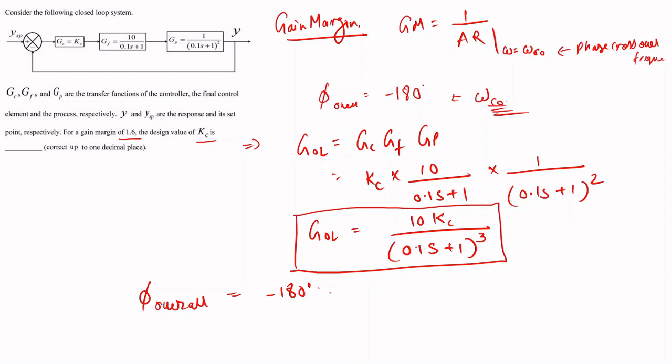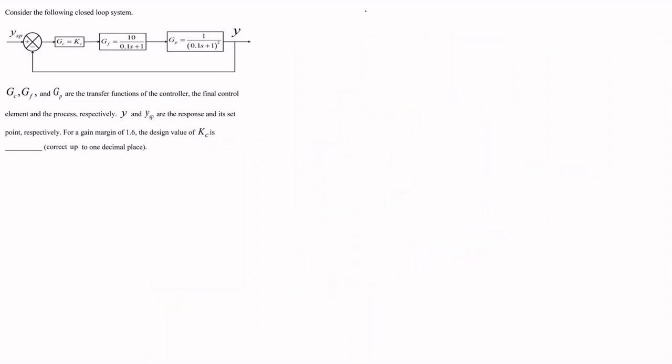So let us write phi overall is equal to minus 180 degrees, and it will be the summation of the phase lags of all three individual transfer functions.